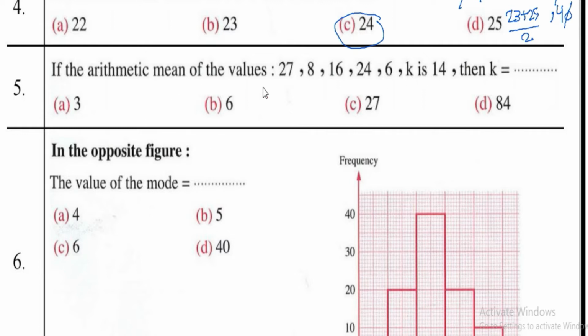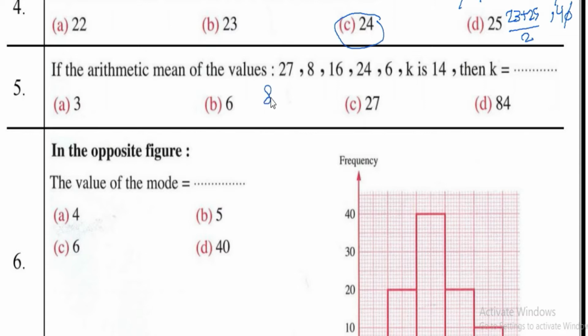If the arithmetic mean of the values 27, 8, 16, 24, 6, k is 14. The arithmetic mean is their sum over their number. 27 plus 8 is 35, plus 16 is 51, plus 24 is 75, plus 6 is 81.